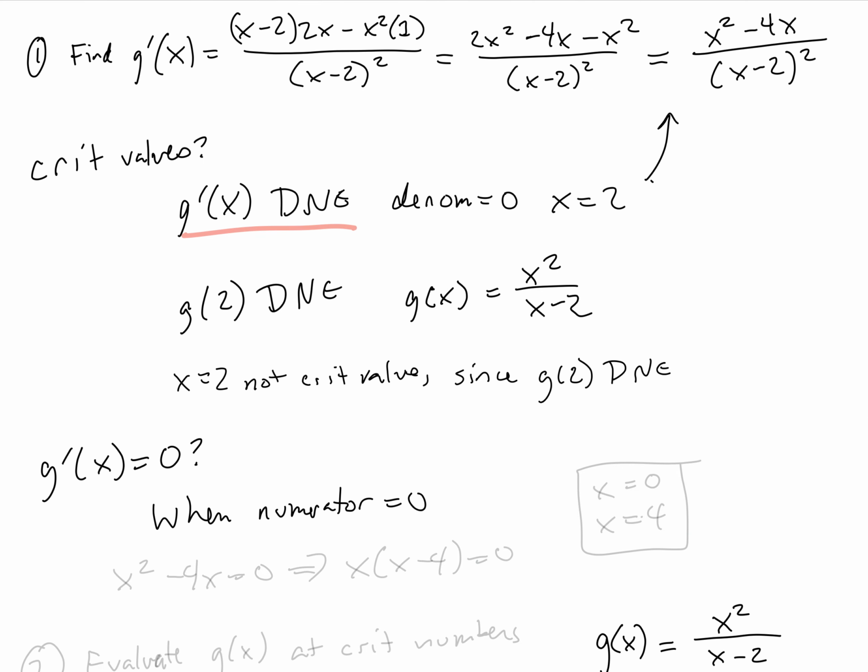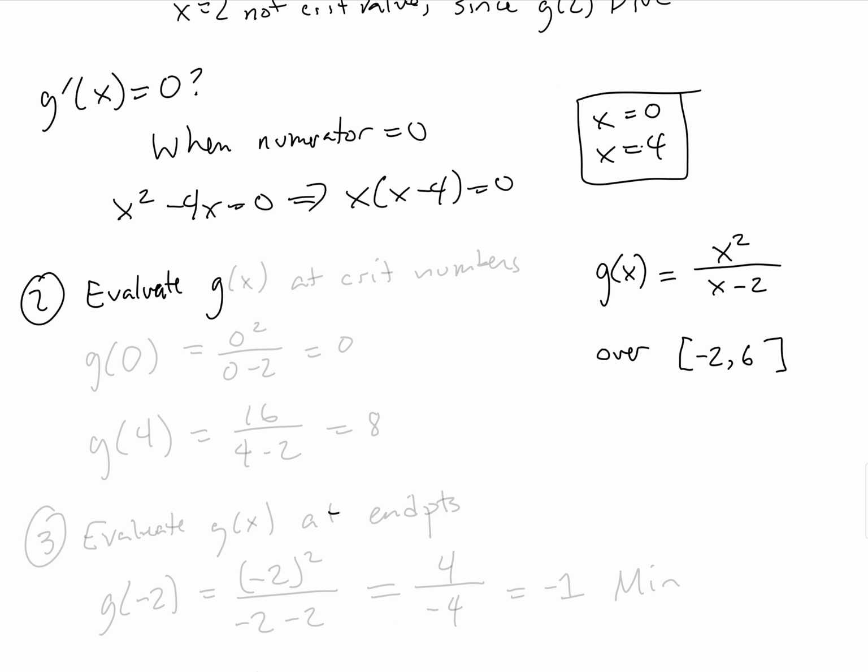And so that's when x squared minus 4x equals 0. We can solve for x, so this would be when x times x minus 4 equals 0, factoring. And that means that either x equals 0 or x equals 4 are going to be the two places where that occurs.